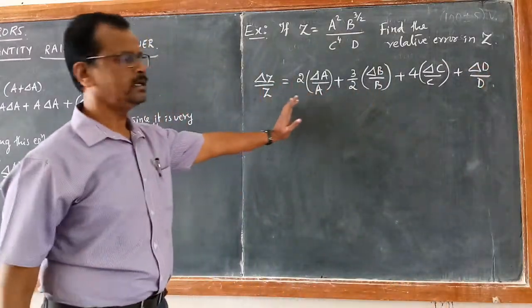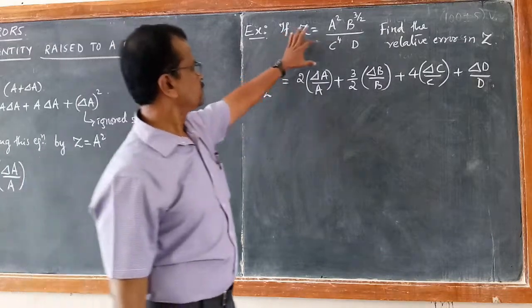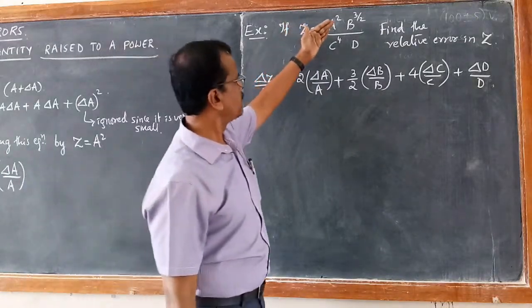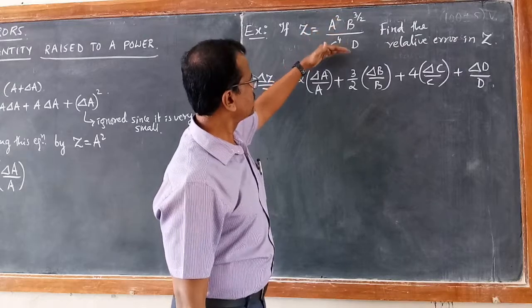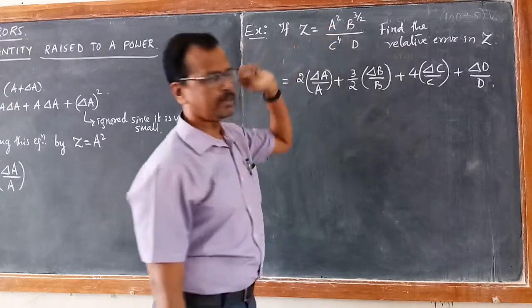So this is how we get the relative error in this form, where it is having multipliers as well as dividers as well as powers.